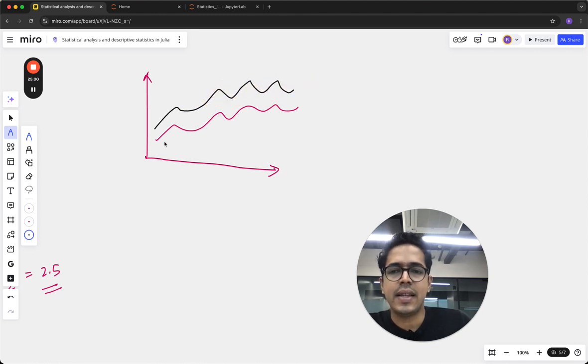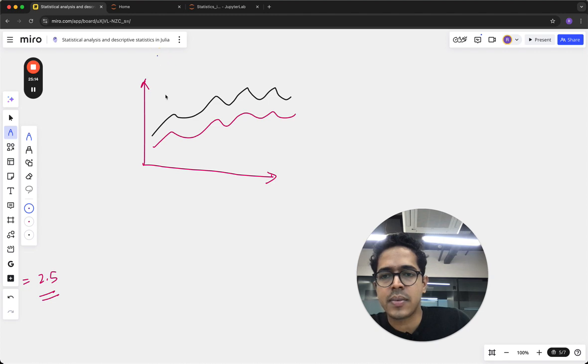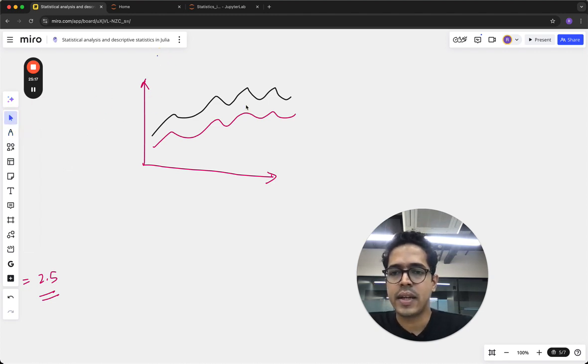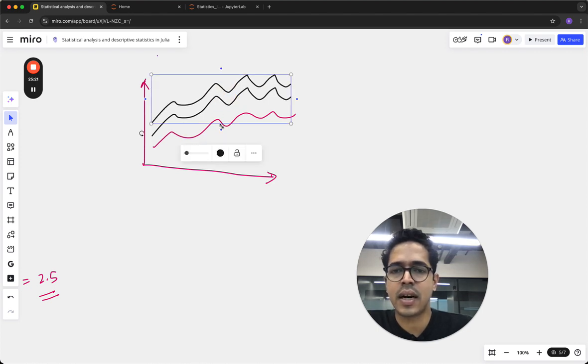Then here you can see that whenever the stock price of company A is increasing, company B's price is also increasing, and vice versa. On the other hand, if you had a company whose stock price looked something like a mirror image of this, then it means that whenever the stock price of the first company is increasing, the other one is decreasing.